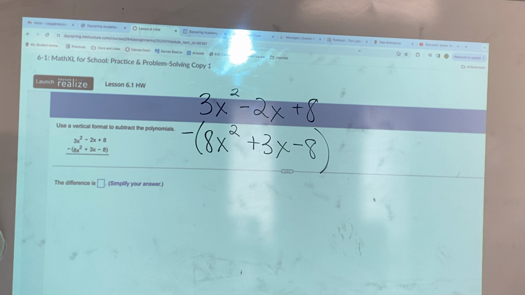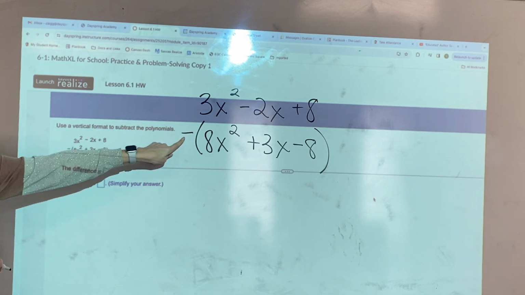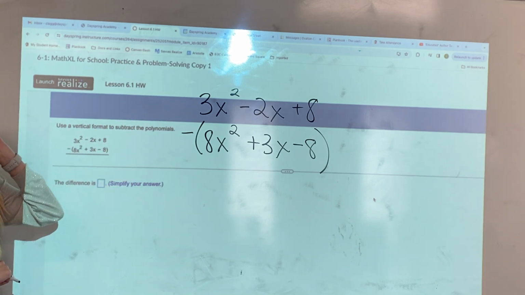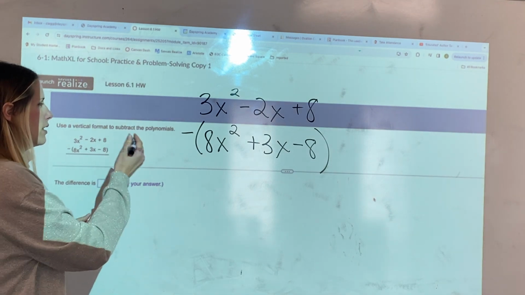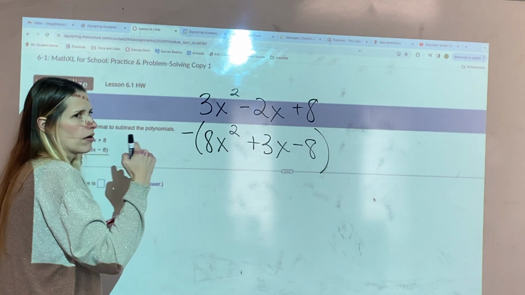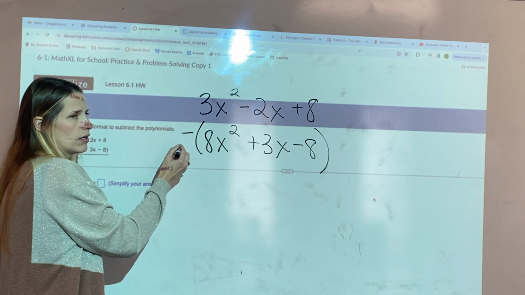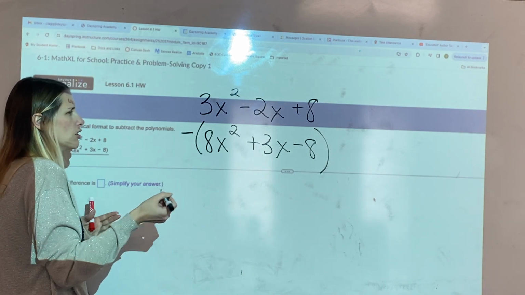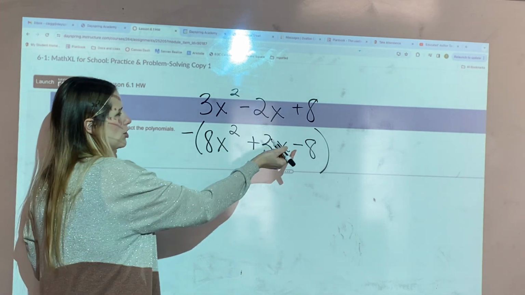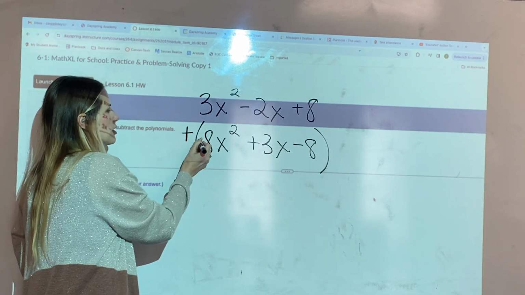Okay. It wants us to subtract vertically, so let's just do it the way they say. We have a cockroach here. Yep, the negative would go to everything, or you could either use this to distribute and change all the signs, or you can kill the cockroach and change the signs.